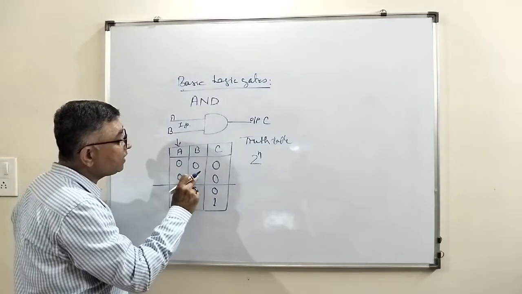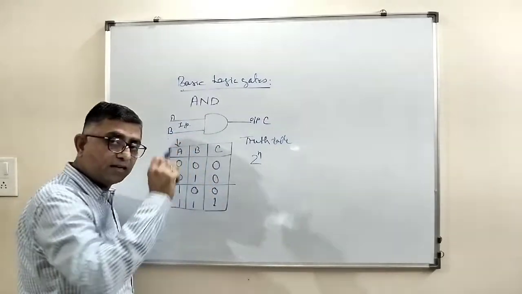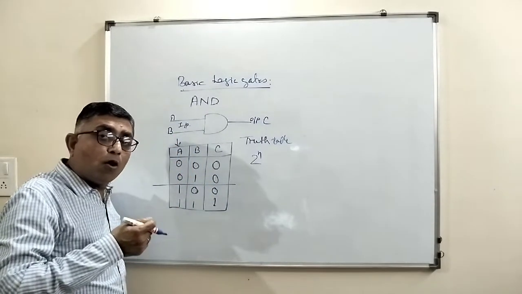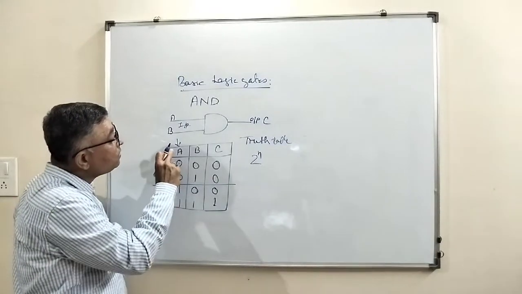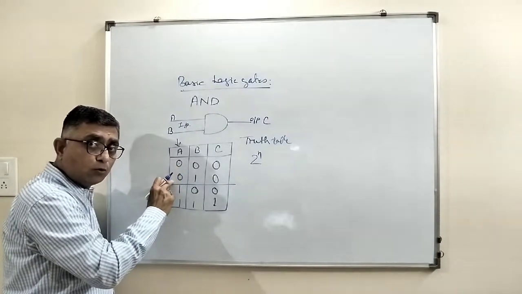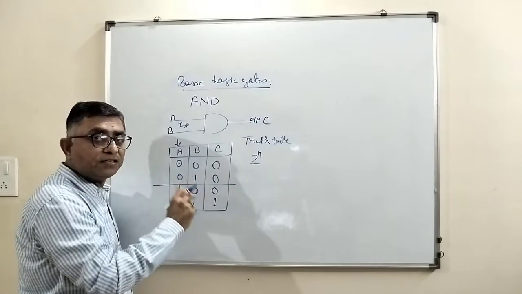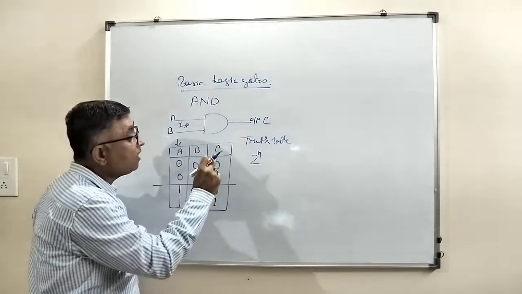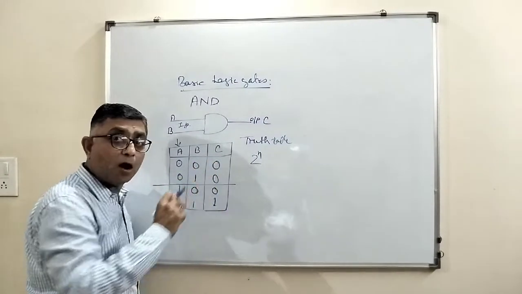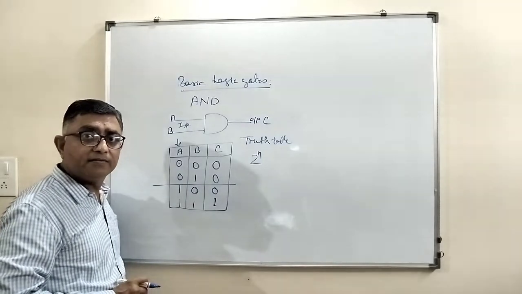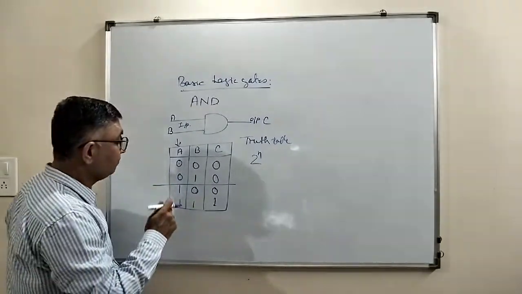Once A is 0, second input is 1, again we are getting 0. So how I am analyzing is, once my input A is 0, it doesn't matter what the value of B is, we are getting 0 at the output, right?